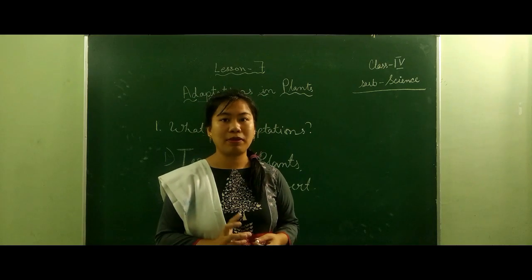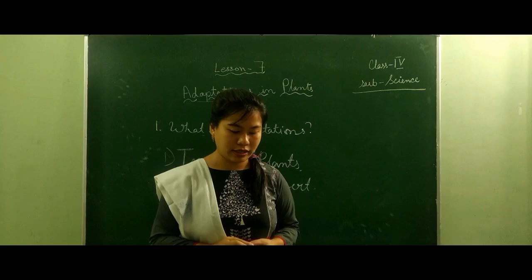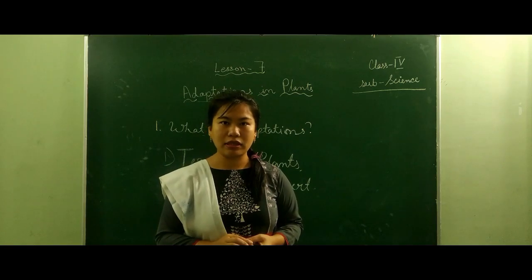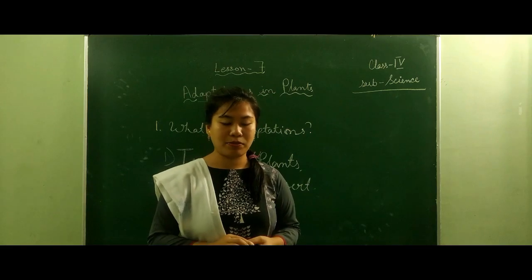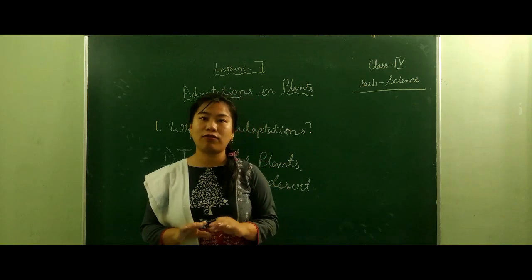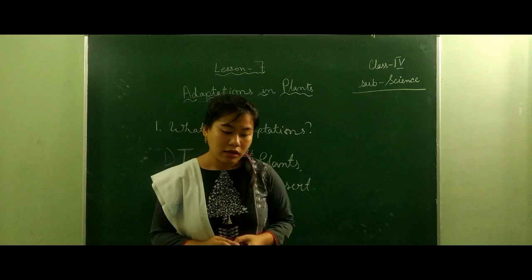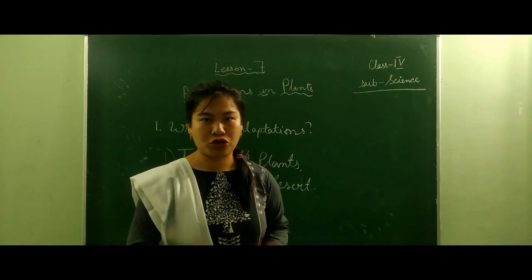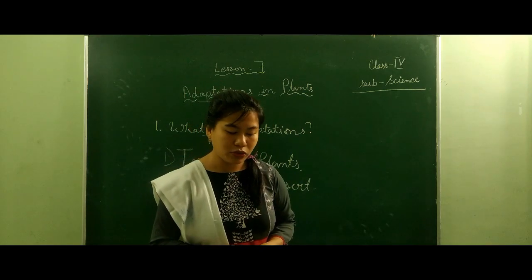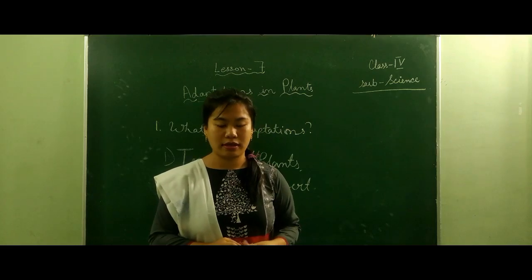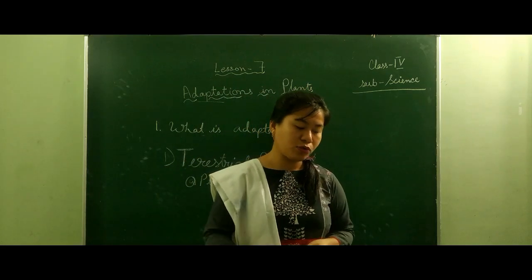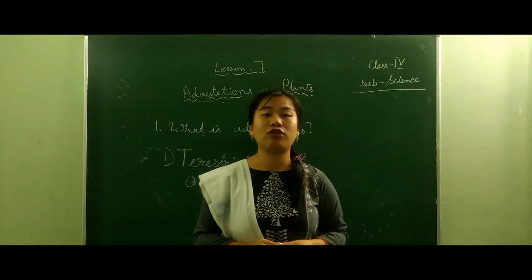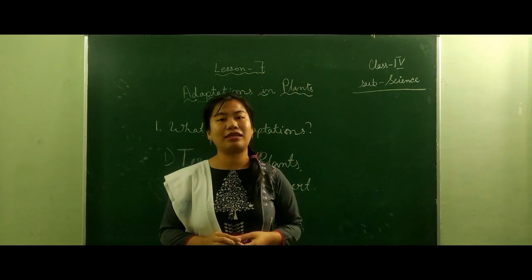For example, plants like the cactus have roots that spread out just under the surface of the soil. The mesquite bush, also known as kikar, has a root that can grow down to more than 20 meters in search of water. So in this way they can survive.